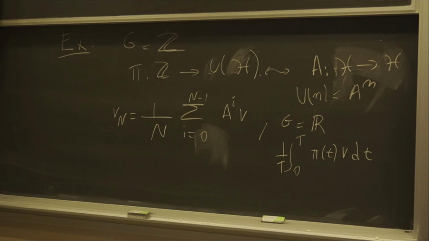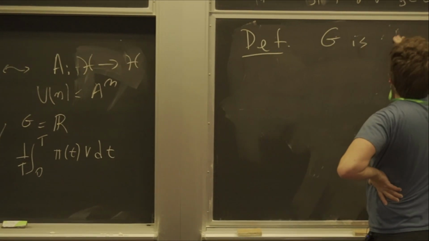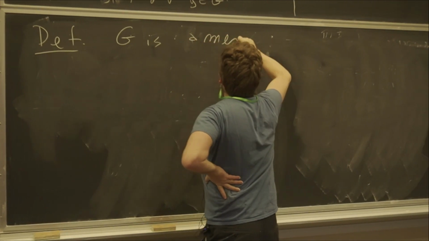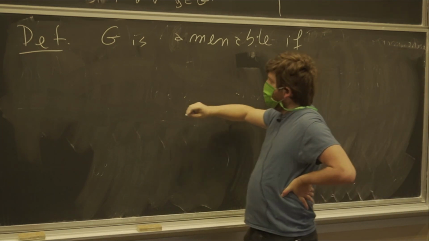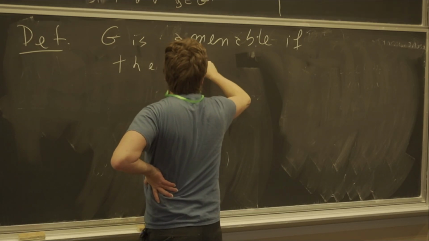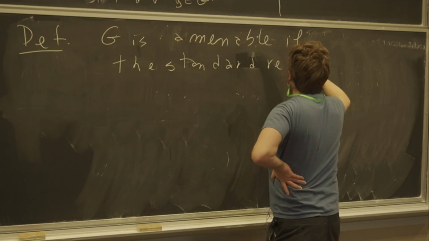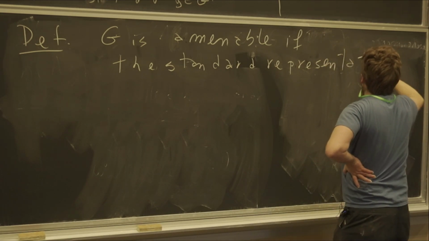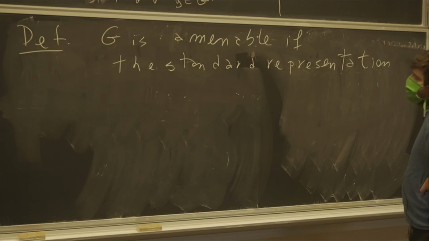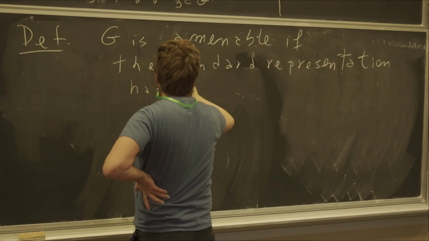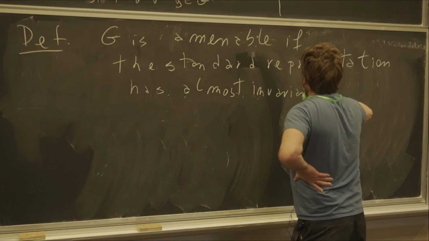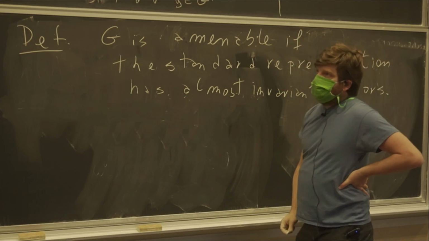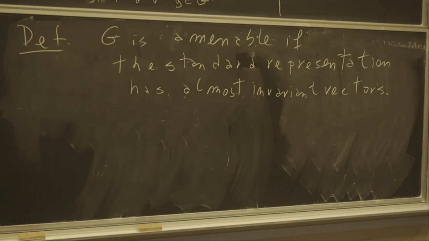Now the definition: G is amenable if the standard representation has almost invariant vectors.